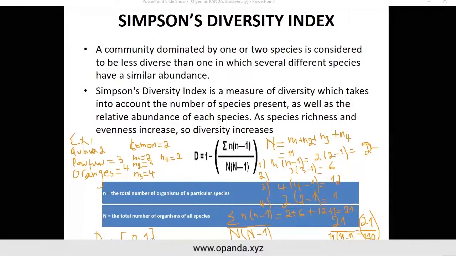Yeah, this is the value. D is found between 0 and 1.